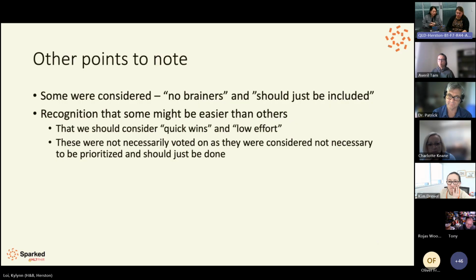We also asked for commentary on paper to understand why people pick certain things. Some of the comments were around no-brainers, things that should just be included, and people didn't vote for those because, since it's obvious, we should just include it. There was also commentary that quick wins and low effort items should be included anyway, so they hadn't voted on them.